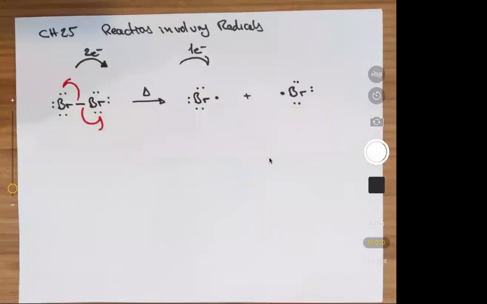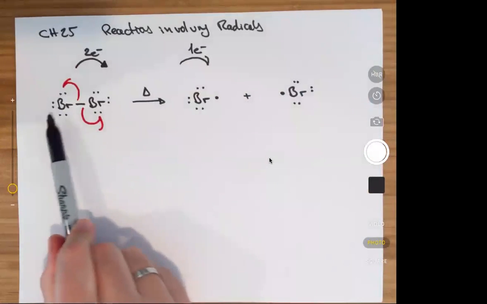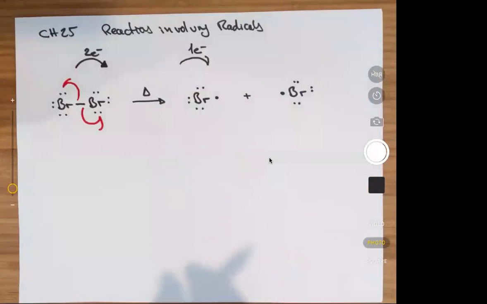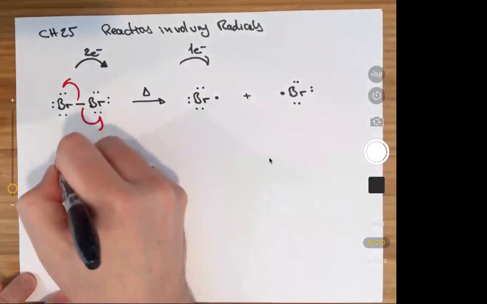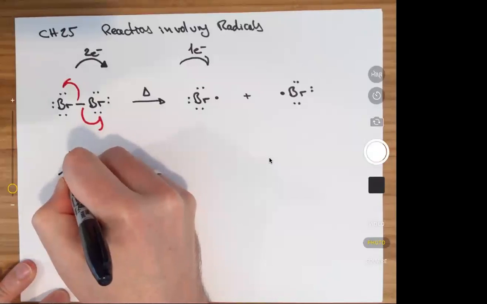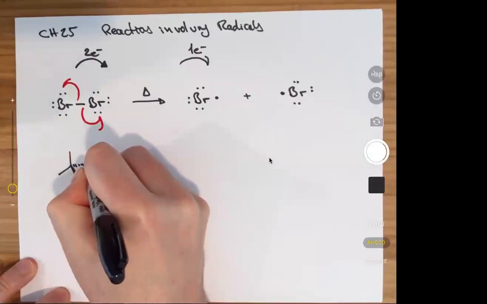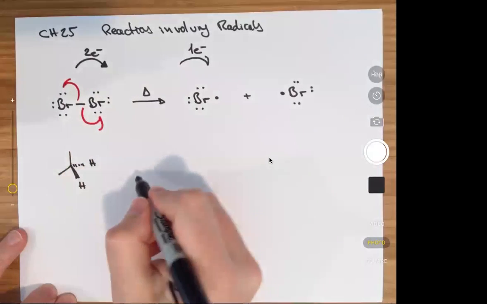Of course, this is not restricted to simple heteroatom bonds; you can also generate radicals on carbon structures, and since we're in organic chemistry, we're mostly interested in those. If you have, for example, a methylene group, you can do a similar reaction.